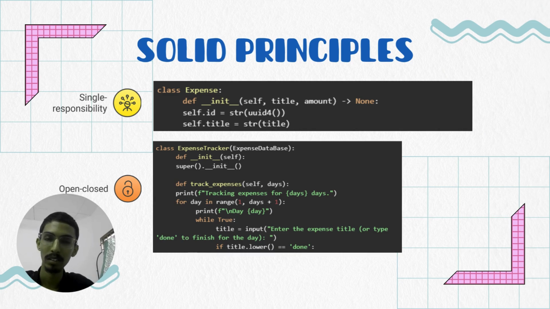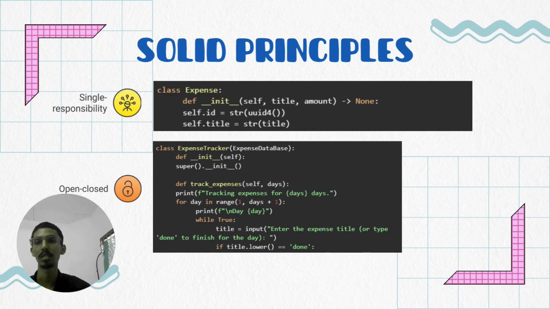The Expense class is solely responsible for managing the individual expense data and its operations. The ExpenseDatabase class only handles the storage and retrieval of expenses, whereas ExpenseTracker manages the user interaction and expense tracking functionality.